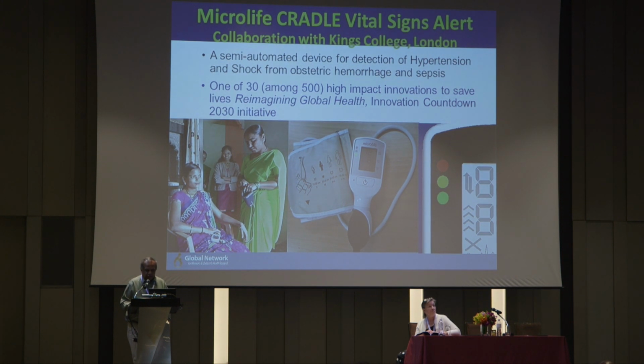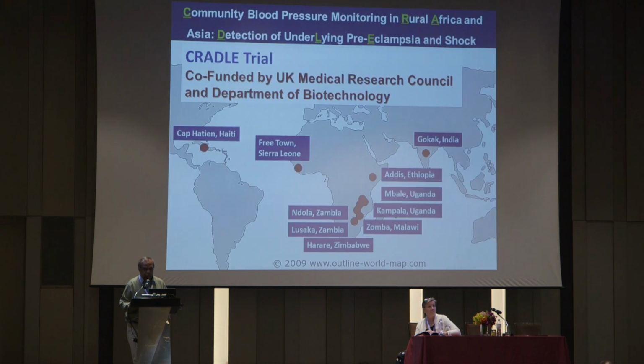We trained the community health workers for recording the blood pressure. This was the first time that a clinical task was being assigned to these community health workers. Those are the trial sites. Besides India, there are a number of sites in Africa as well as one in Central America, that's in Haiti.